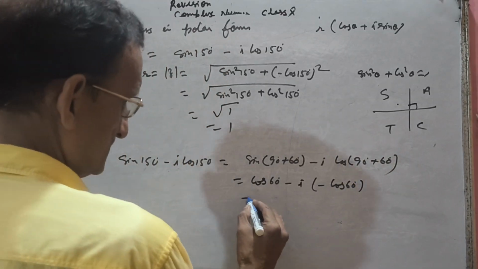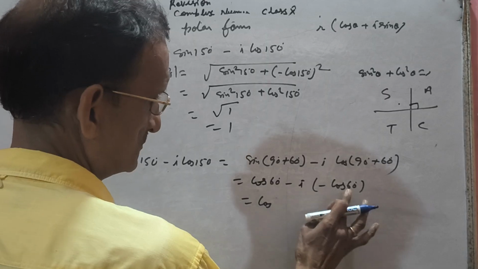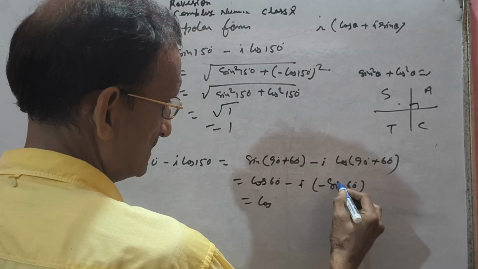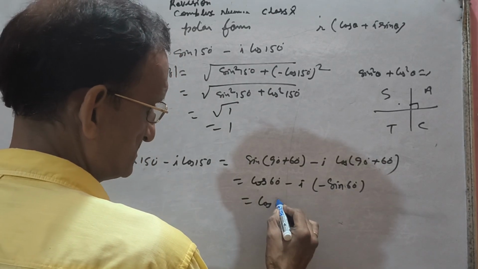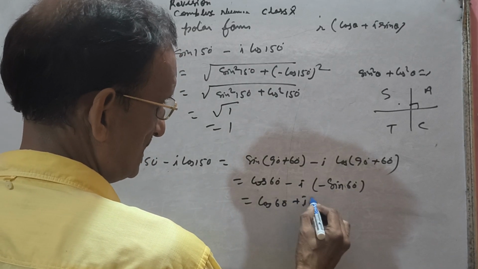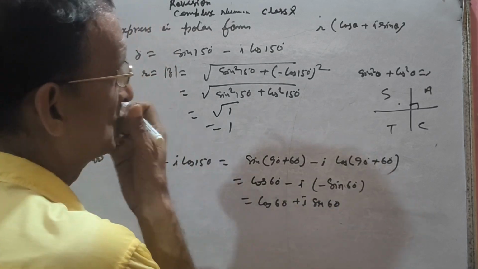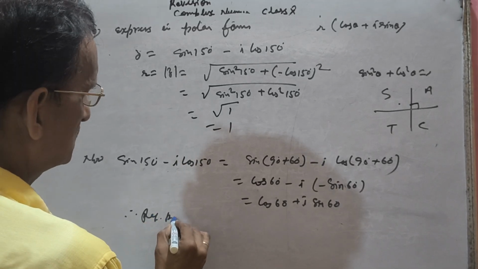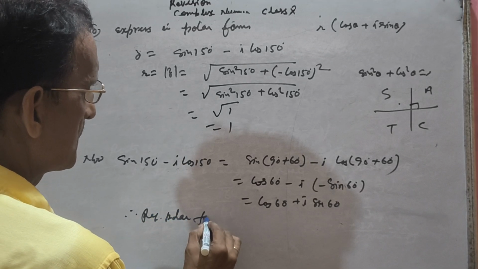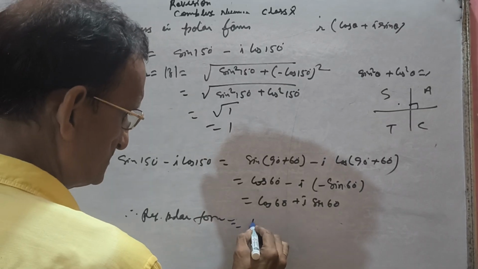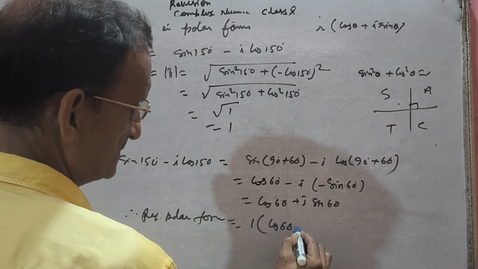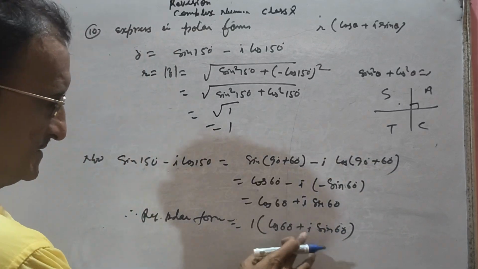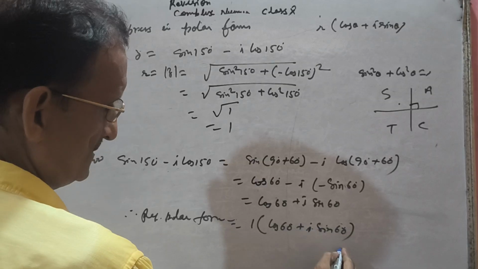Odd multiple of 90, the ratio will change to sine. So cos 60 degree plus i sin 60 degree. Therefore the required polar or trigonometric form is r, which is 1, into cos 60 degree + i sin 60 degree, or it can be cos pi/3 + i sin pi/3.